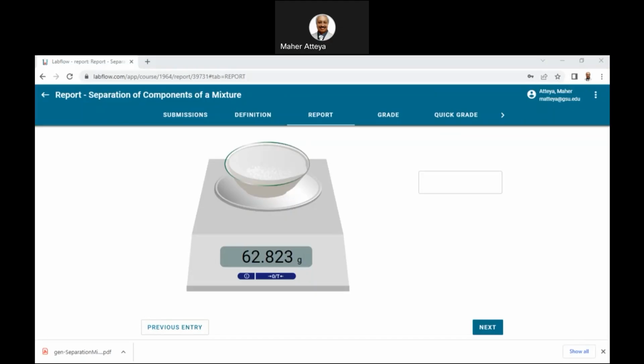Salt and the watch glass, cool down the solution.